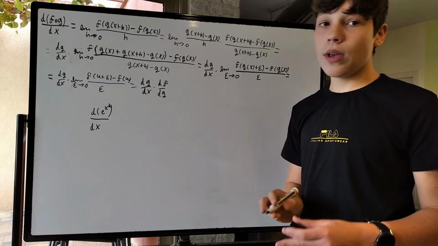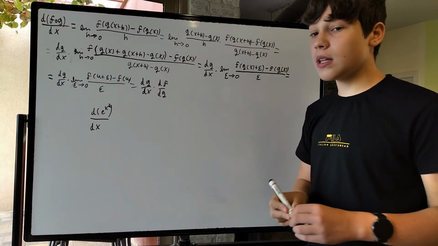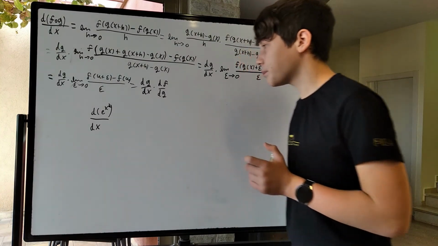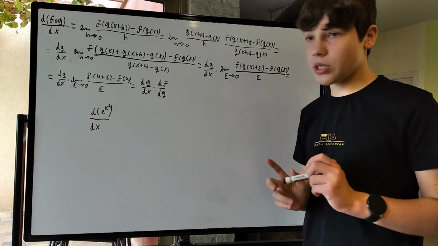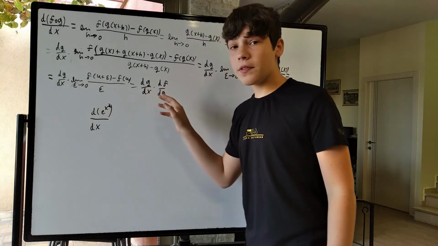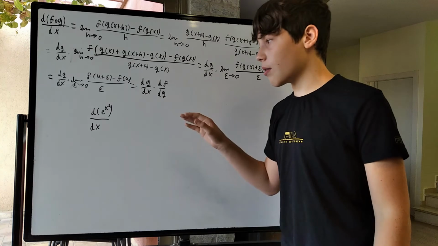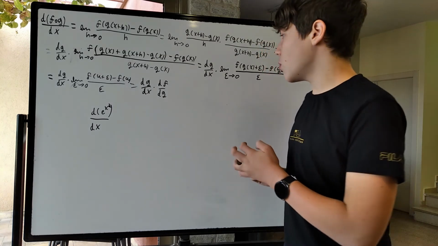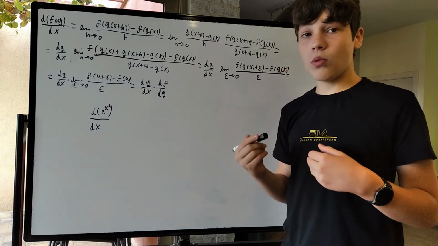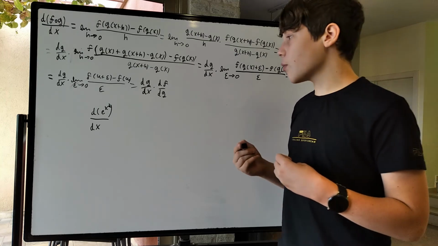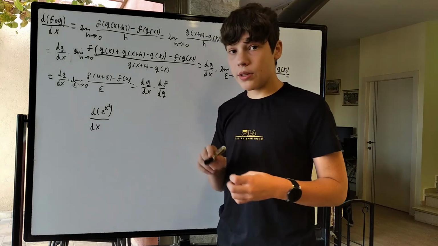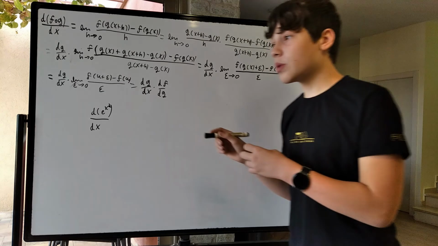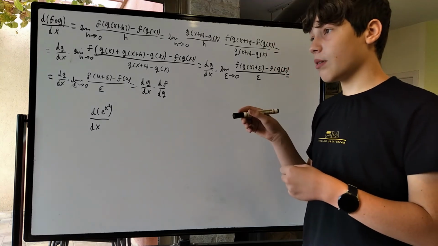Now the first thing we have to realize is what function is inscribed in what function. We can see two functions here, e to the power of something and something squared. And what is inscribed in what? Well, either we're doing e to the x squared, or we're doing e to the x all squared.